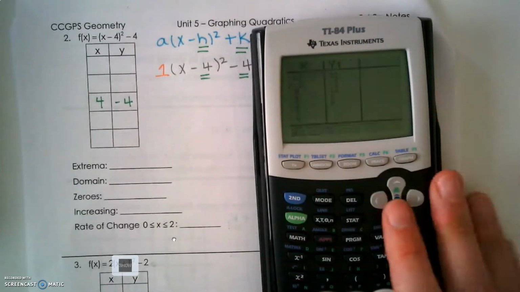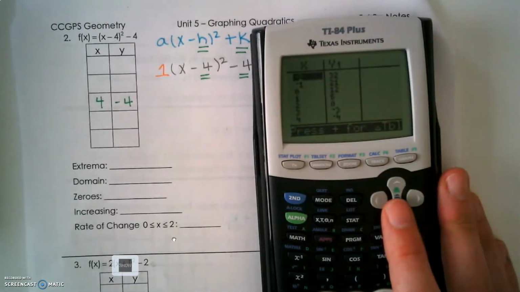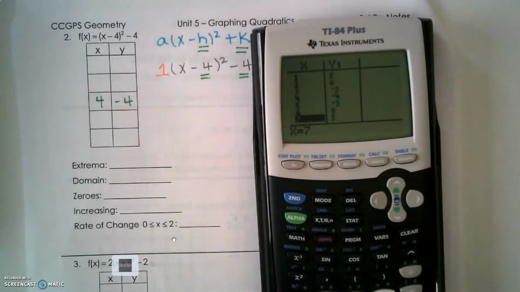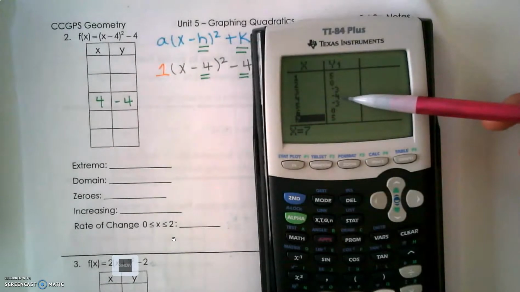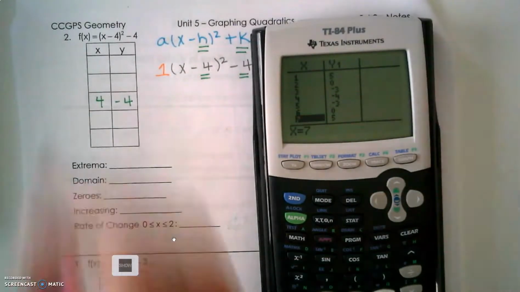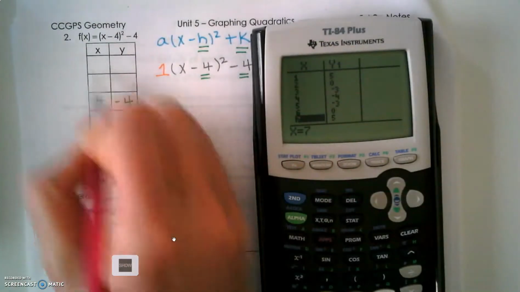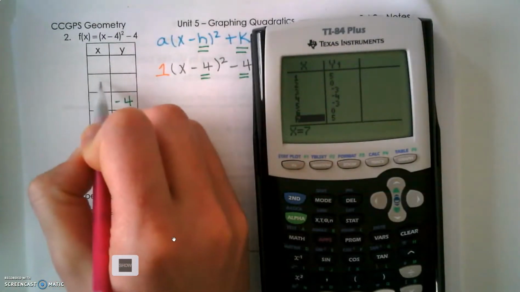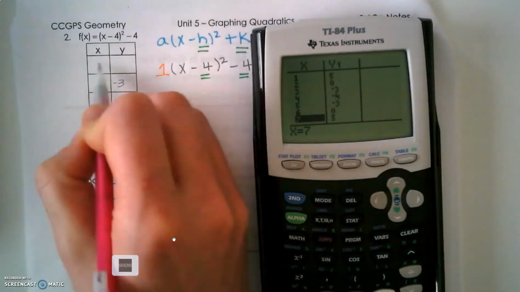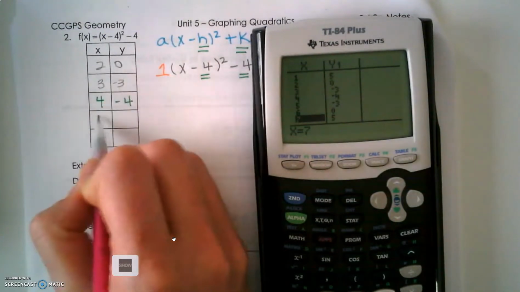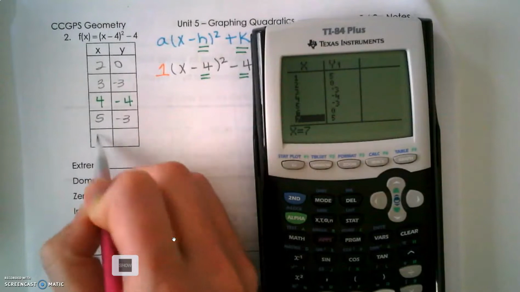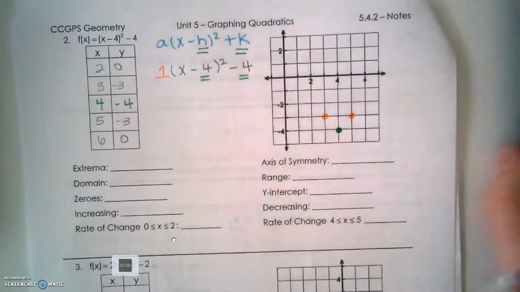Second table. I'm going to scroll down here so I can see my vertex. Here's my vertex of 4, negative 4. I have some mirror points here. So I'm going to fill in my table. The point before it, 3, negative 3. 2, 0. That's 5, negative 3. And 6, 0.